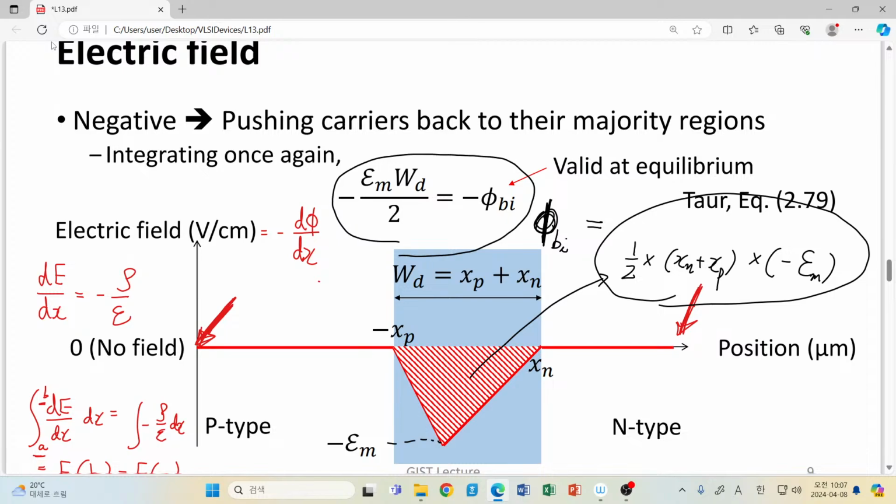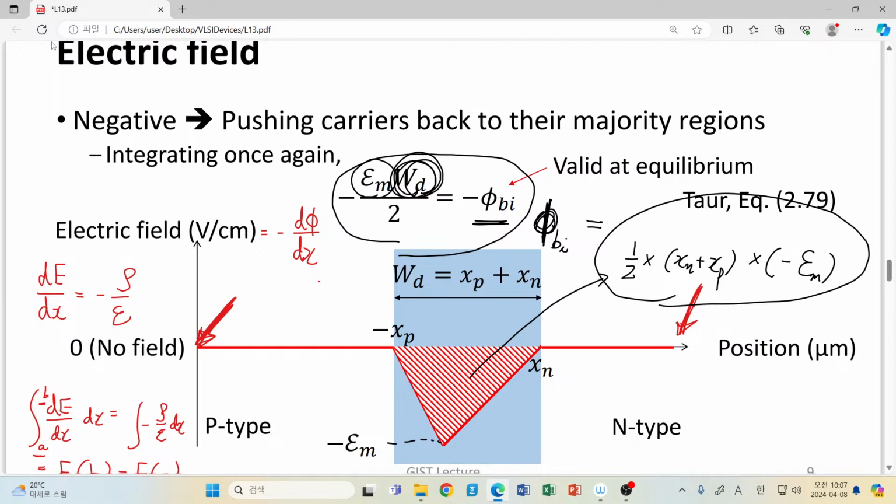Okay. Our usual way of model derivation is now to try to find this WD. We assume that since we know the doping densities of both the p-type region and the n-type region, usually this built-in potential is a given number, and the remaining question is, when the doping densities are given, how can we obtain this WD?